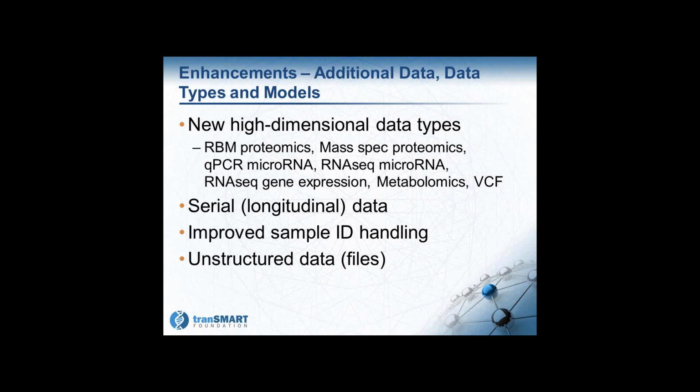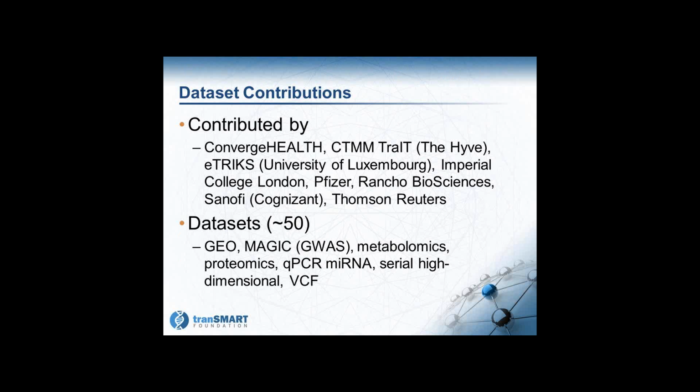As I said, time-series data and sample handling are improved, and we also introduced unstructured data, which is very interesting. You can write down notes and record some of your experiment details in the files, and then use this as a part of your data storage.